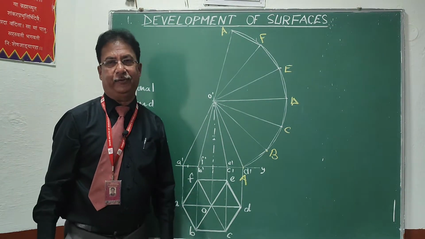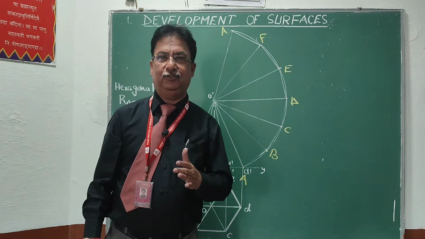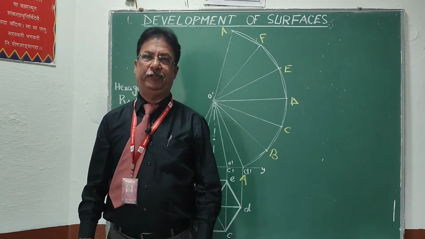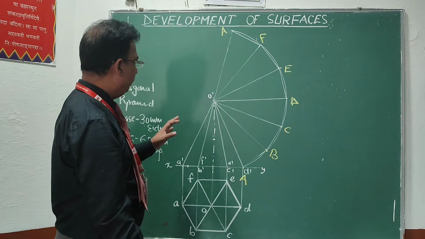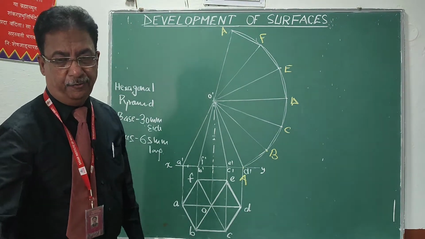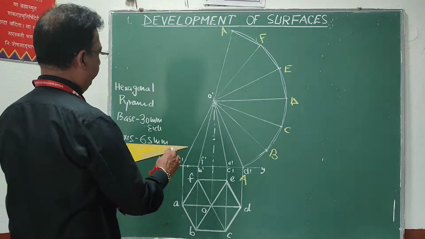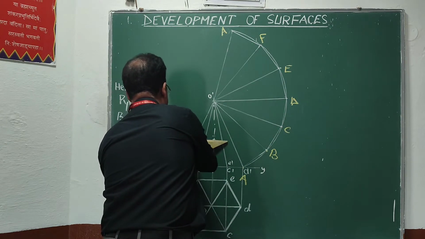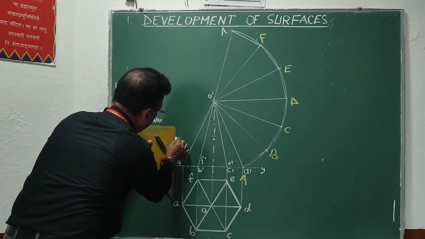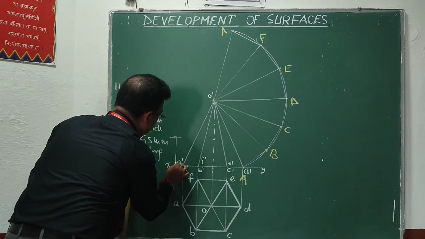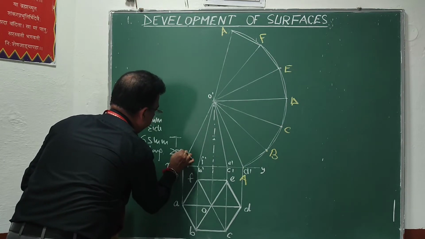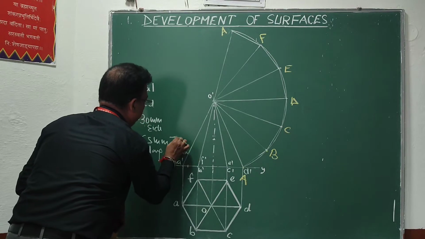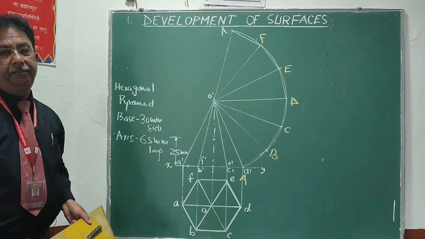Now the problem will be different. Now I am going to cut this solid by a section plane, as always we do. Suppose this solid is cut by a section plane which is perpendicular to the VP and inclined to HP by 45 degrees, cutting the solid at a point on the axis 25 millimeter above the base.